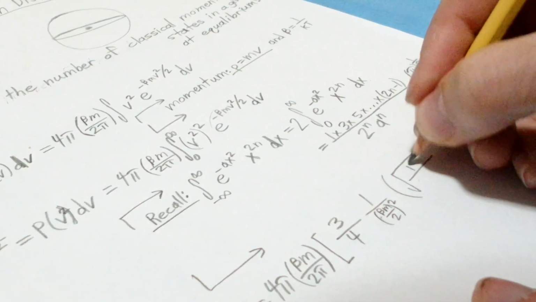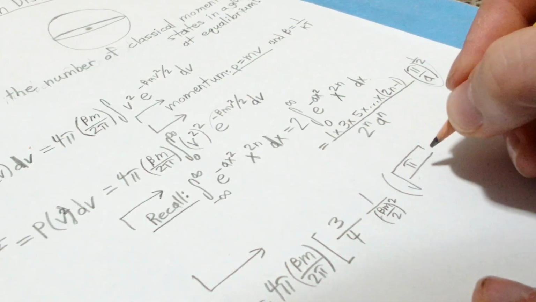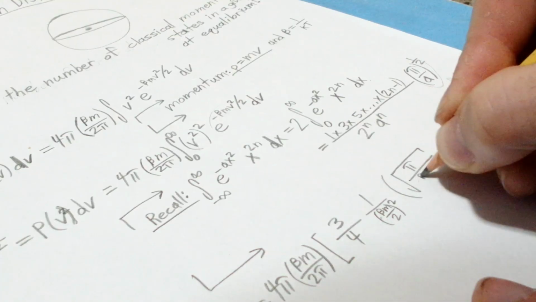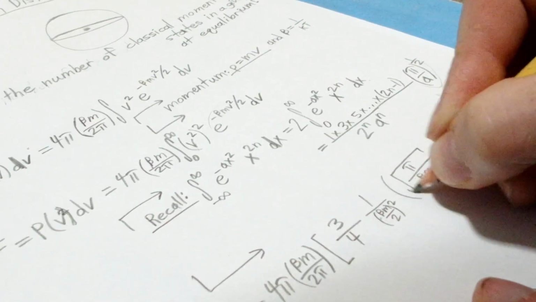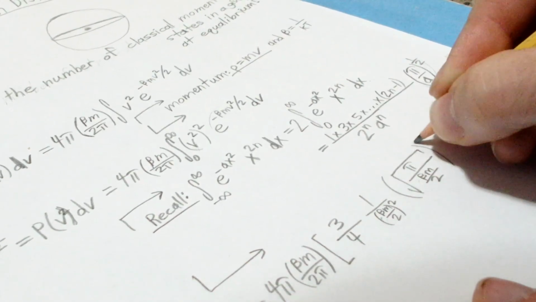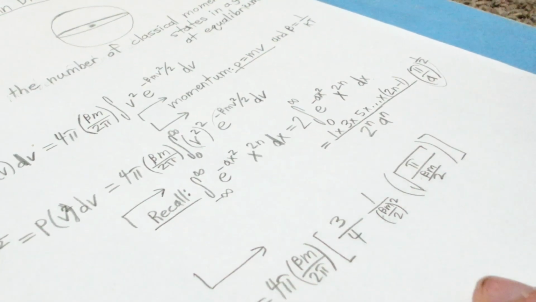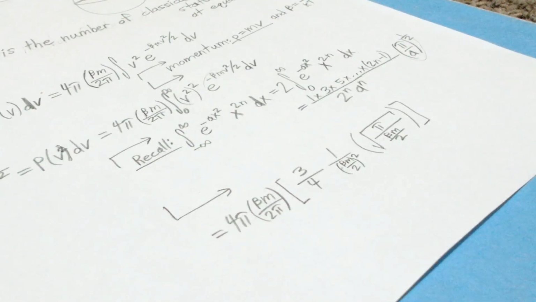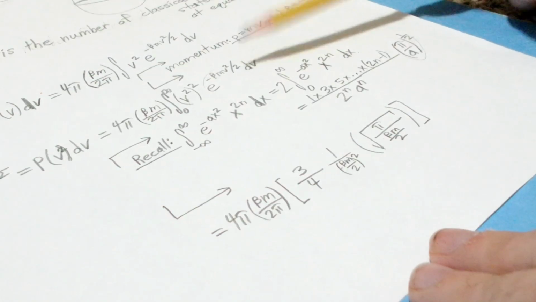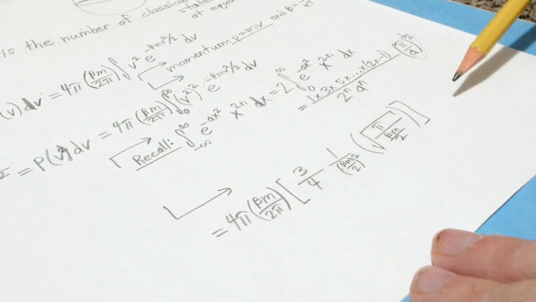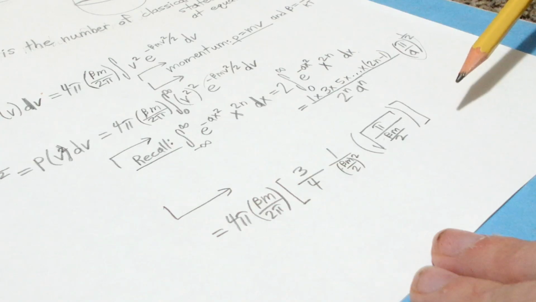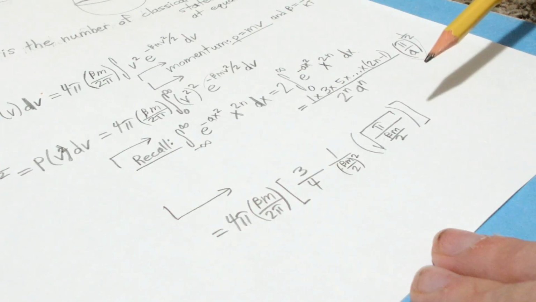So that will just be the square root of pi over a, which again will be beta over m over 2. And that is pretty much what our distribution function up here comes out to be, just this big long line of constants being multiplied together.